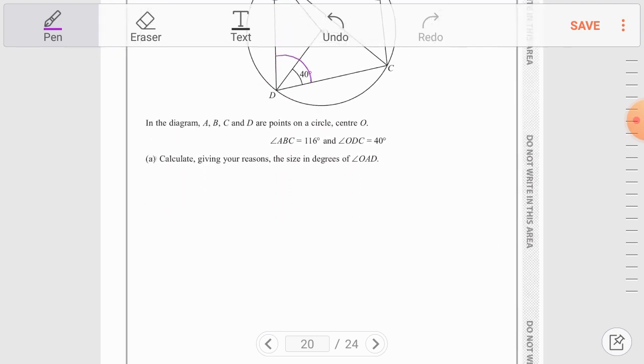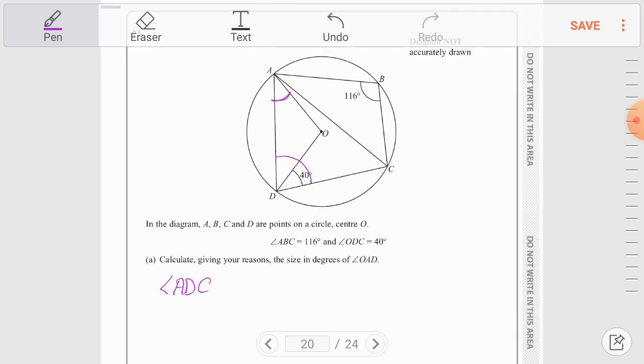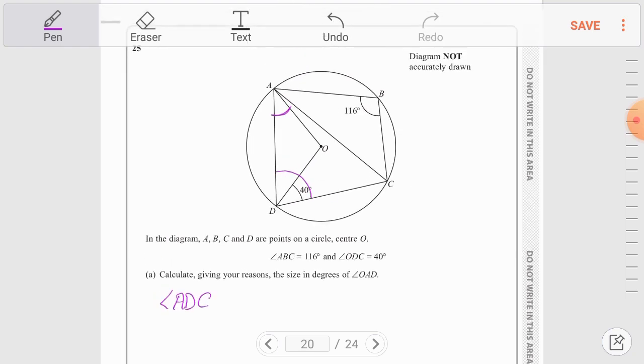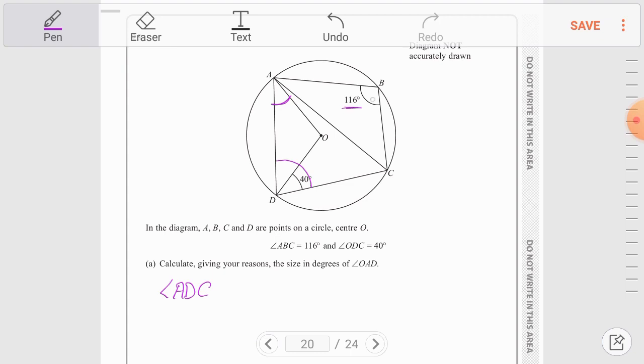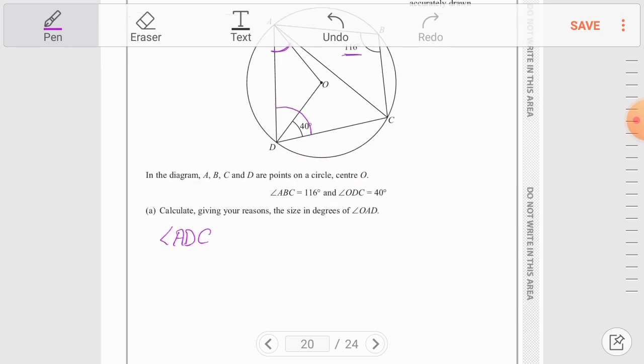So let me find angle ADC. We can see that ABCD is a quadrilateral inside a circle, and opposite angles of a quadrilateral are supplementary, we can use the method for cyclic quadrilateral, that is 180 minus 116 would give the value of this angle ADC.